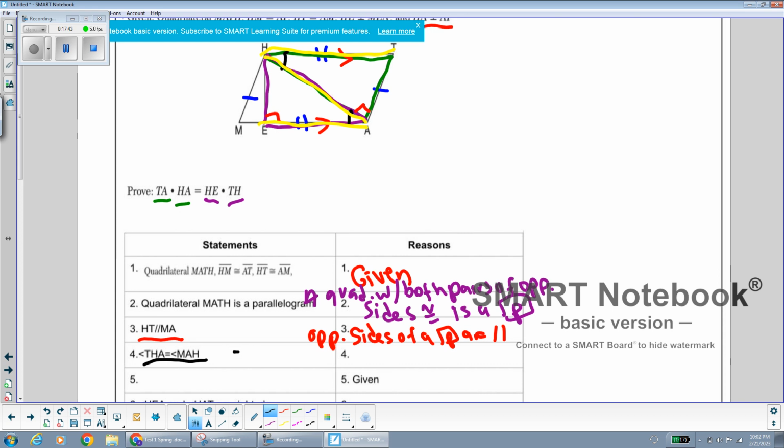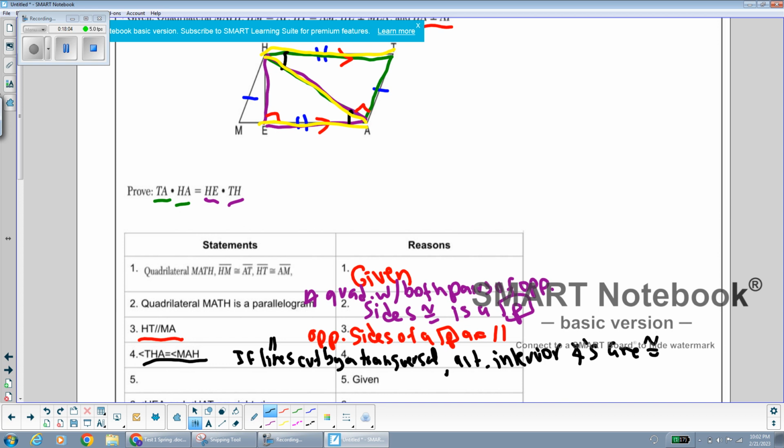So if parallel lines are cut by a transversal, alternate interior angles are congruent. So that's going to give me 1A for AA.